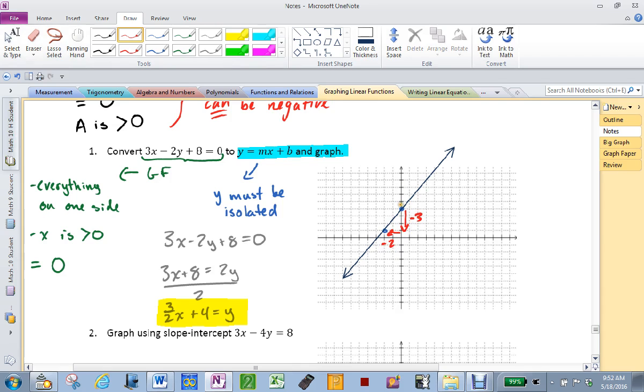I could also have gone up 3, 1, 2, 3, and out 1, 2, and I would have hit it right there. Is everybody good? It's grade 9 algebra, yeah? It's just now we're giving it a name. Everybody okay? All right.